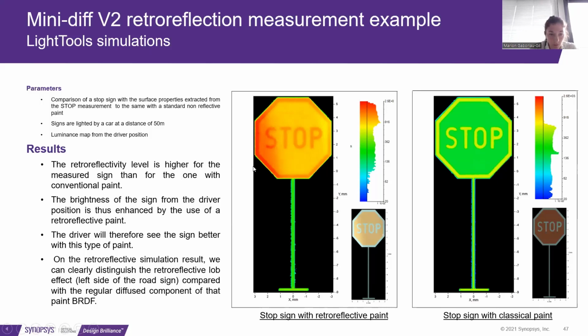In addition, on the retroreflective simulation result, we can clearly distinguish the retroreflective lobe effect compared with the regular diffuse component of that. So we are able to study the visibility of the sign. We can imagine that we can change the distance or the position of the driver or other things.